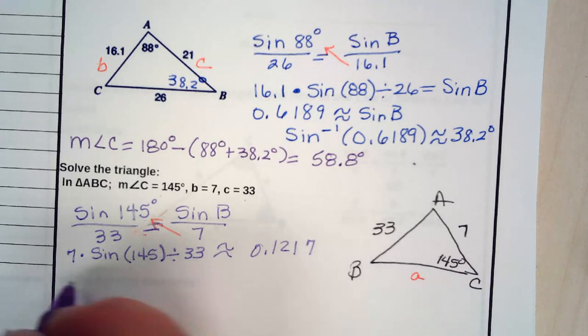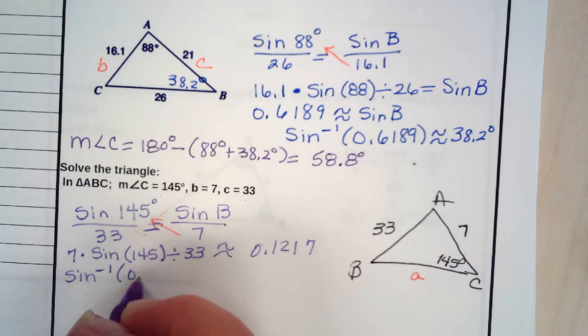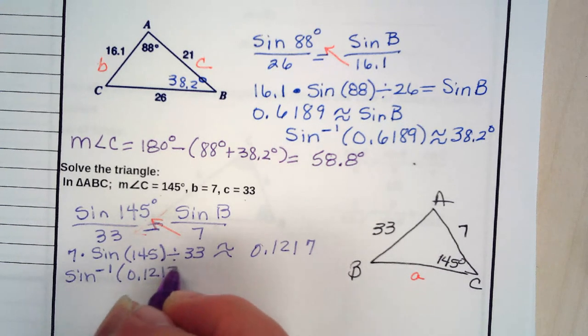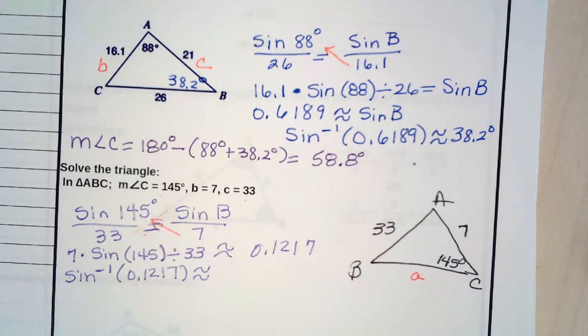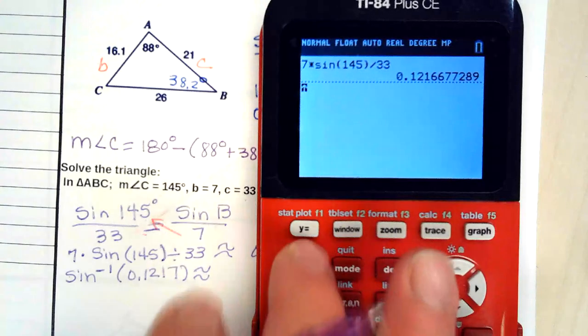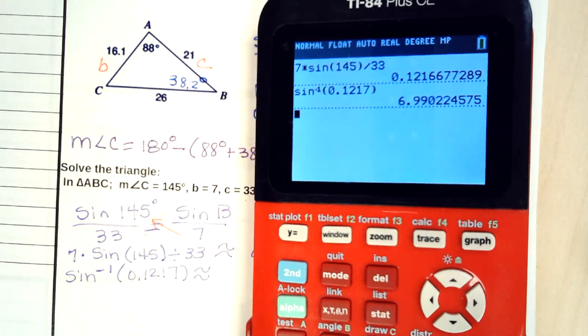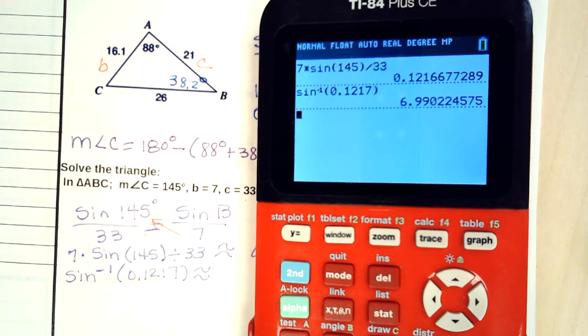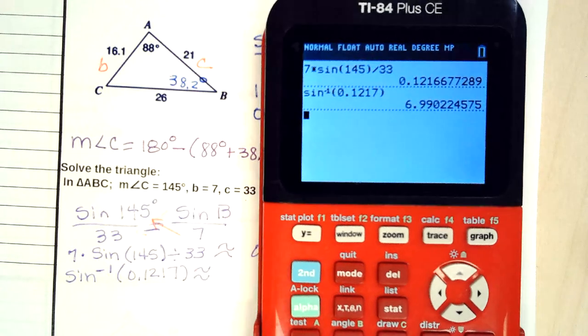I use my sine inverse of 0.1217 and the angle measure is about 6.99, so that would round up to 7.